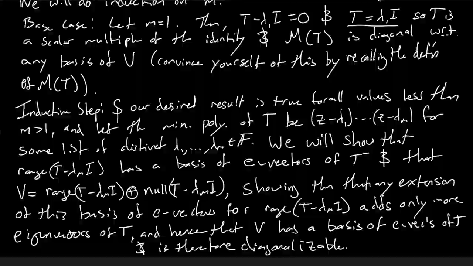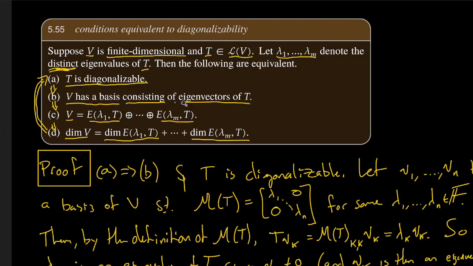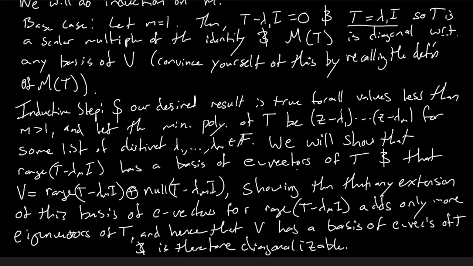Since, as we showed before, having a basis of eigenvectors is the same as diagonalizability.